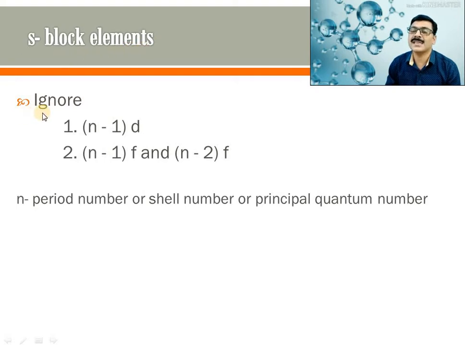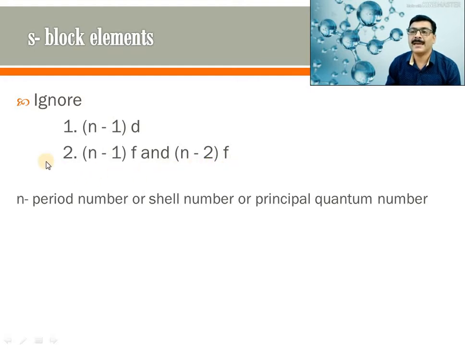And which are these two things you have to ignore? Now first thing is you have to ignore n-1 d orbital, and second thing is n-1 f and n-2 f orbitals.